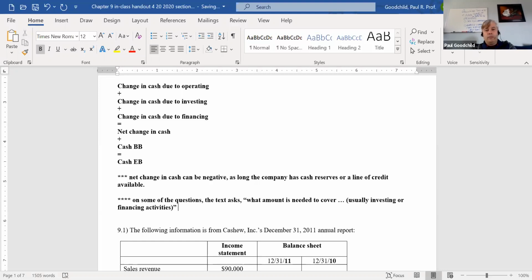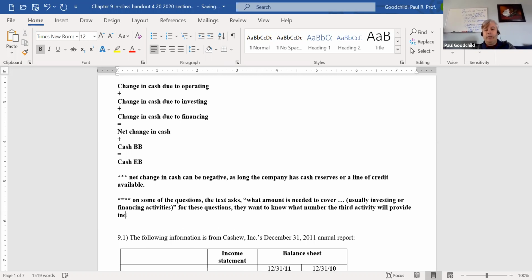For these questions, they want to know what number the third activity will provide in order to have a net zero change in cash.